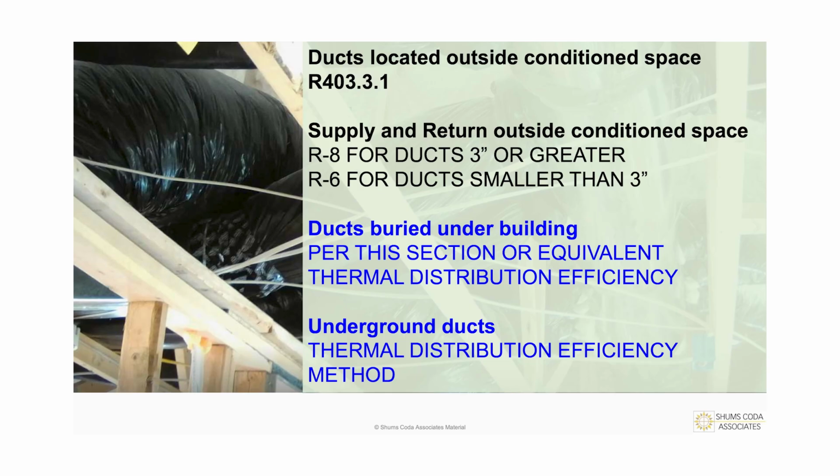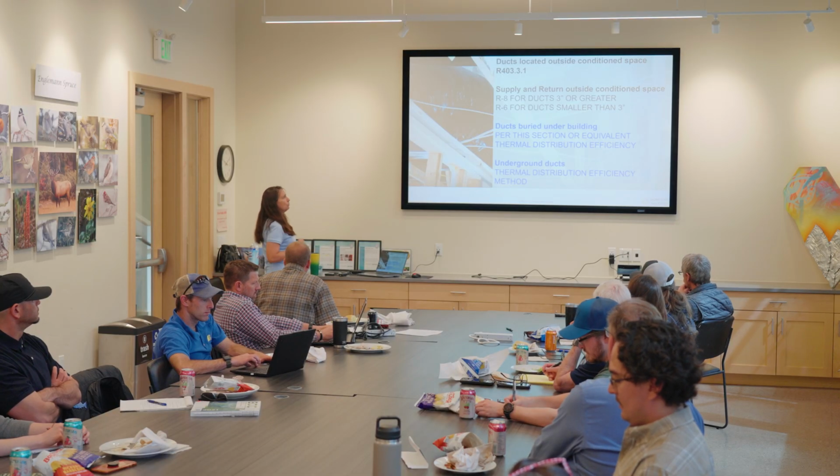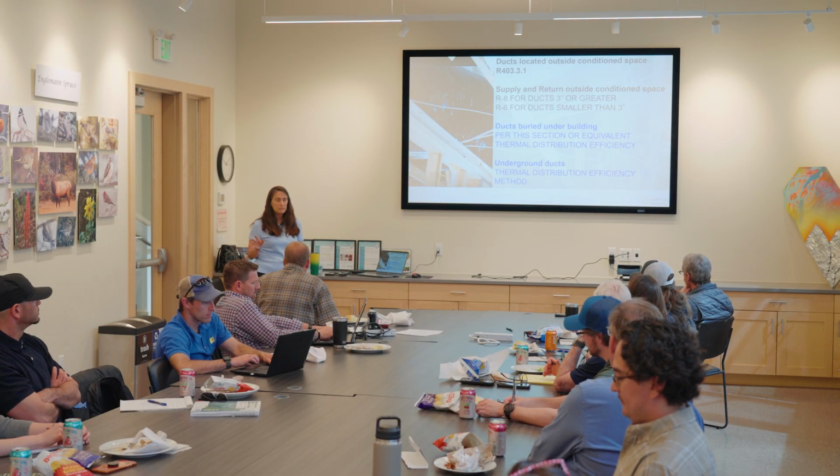Now, you'll notice right here, in the past, all we worried about was our supply and returns, whether they were inside the thermal envelope or outside the thermal envelope. In the 2021, new sections came in to deal with different types of ducts. Ducts that are buried under a building have to meet the equivalent thermal distribution efficiency.